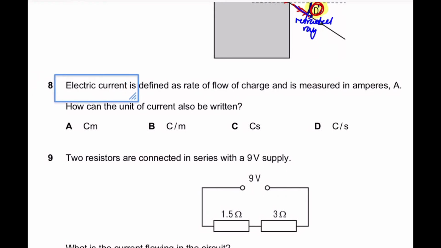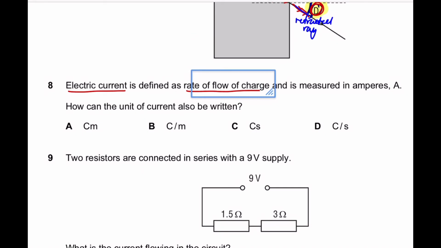Here we have: electric current is defined as the rate of flow of charge and is measured in amperes, A, which is the unit. How can the unit of the current also be written? Alright, here they've given the hint. Current is defined as rate of flow of charge, which means rate, meaning per time, flow of charge, meaning charge.